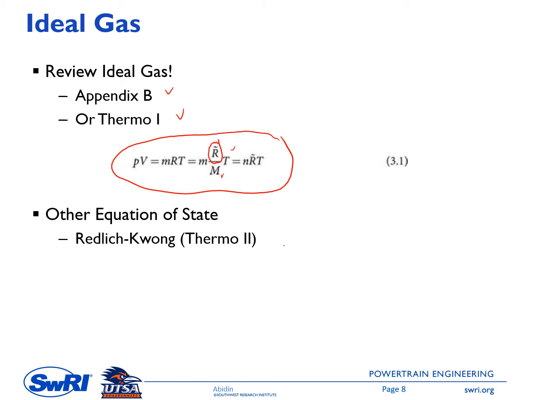And you know from Thermo 2 that mass over molecular weight is the number of moles. So PV equal to mRT or nRT, where R here is the universal gas constant. In Thermo 2, we also learned several other equations of state. One of these is the Redlich-Kwong equation of state.